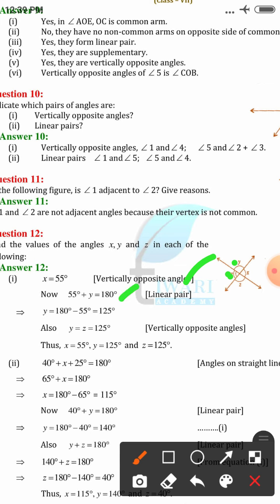So 55 degrees plus y equals 180 degrees, and then y is equal to 180 degrees minus 55 degrees, so you get the answer 125 degrees. So y is equal to 125 degrees. And here you also write y is equal to z because these are vertically opposite angles. Now x is equal to 55 degrees, y is equal to 125 degrees, and z is equal to 125 degrees. So you just find out the angles x, y and z.